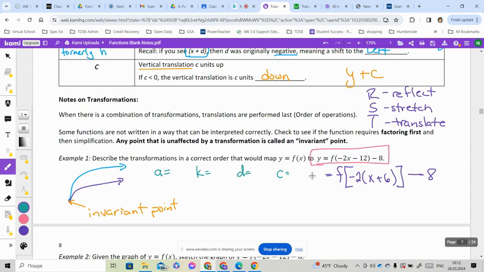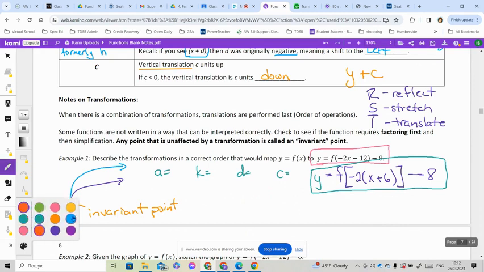Now, I don't know the shape of this function. All I know is I can describe how it's going to transform, but I can't actually draw it because I don't know. Is it a parabola? Is it radical? Is it a straight line? Is it a zigzag? I don't know those things. So let's look at the transformations because that's all we can do.